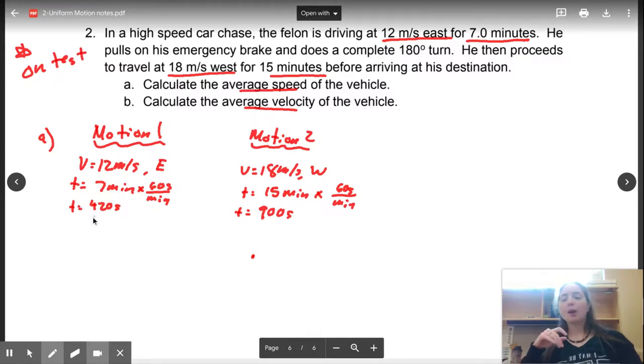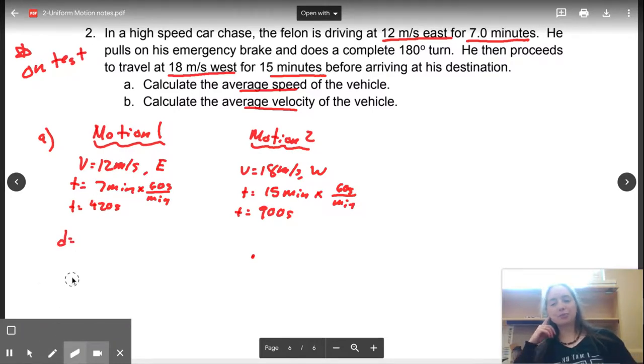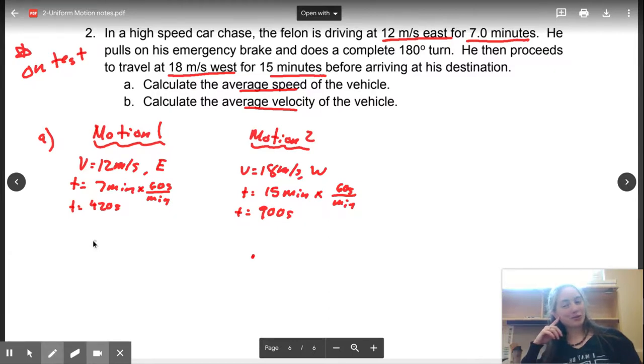Okay. Well, we need to find the distance or displacement here. Let's find distance, and then we can add directions on it to make a displacement as we need to. So we have speed, we got time. What equation do we use? Good. V equals d over t. This is uniform motion. We can use this equation. So I'm trying to find d.